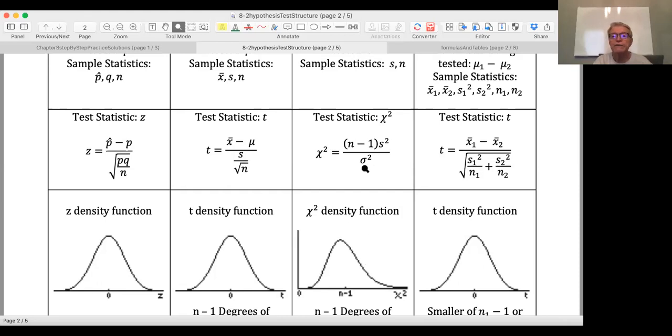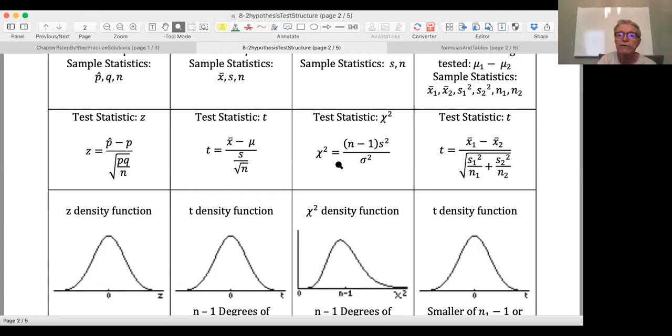But if the assumed value of sigma is not correct, S squared is estimating a different sigma squared, the true sigma squared. And so it may be significantly larger than sigma squared, or significantly smaller than sigma squared, in which case this ratio is significantly bigger than 1, or significantly smaller than 1.